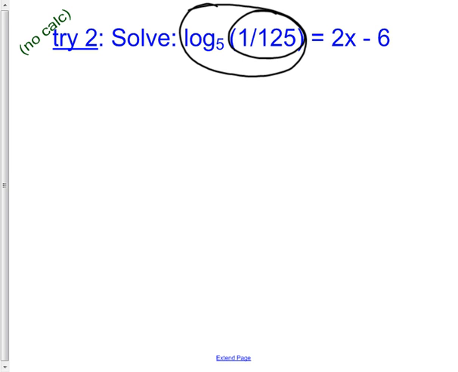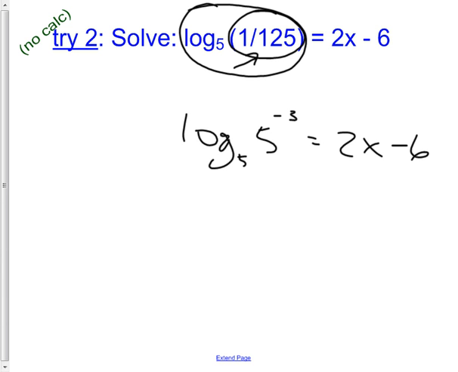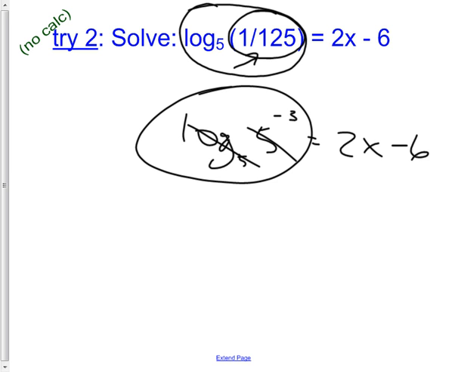So you rewrite this inner circle as 5 to the negative 3, and then you got log base 5 of 5 to the negative 3. And remember what I said about this? That you may like the cancel thing better? If this just cancels and the answer is negative 3, now the answer is negative 3 equals 2x minus 6, see?